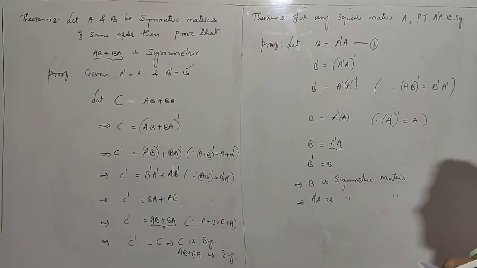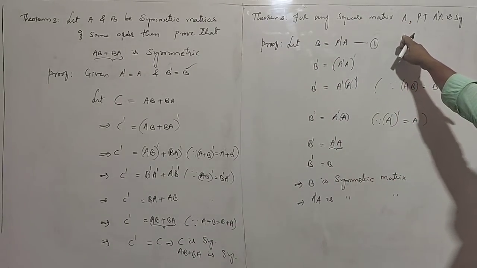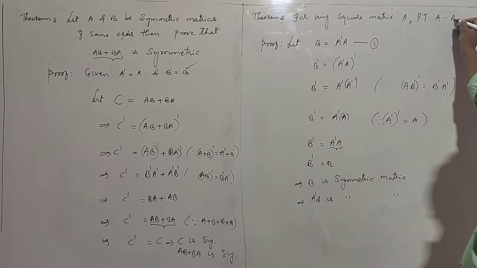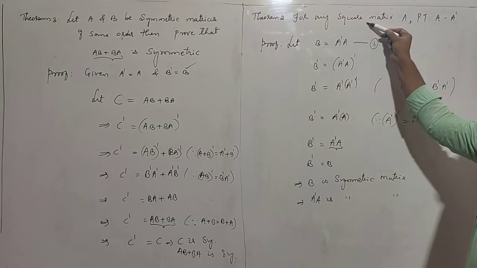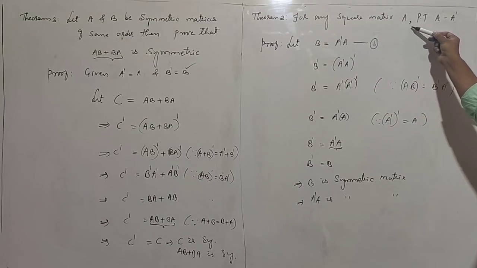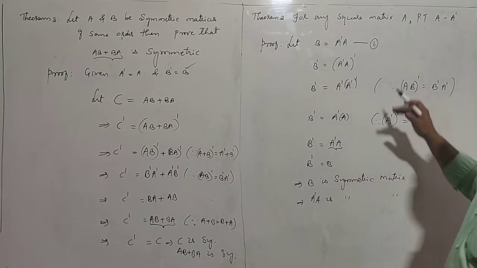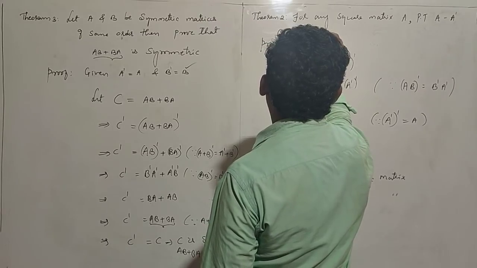Next, for any square matrix capital A, prove that A minus A transpose is skew symmetric.